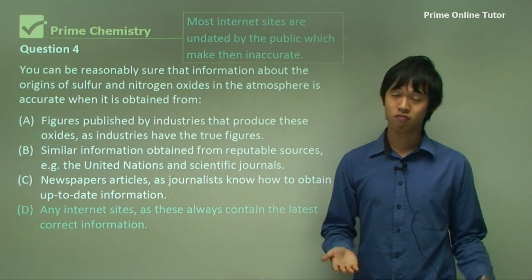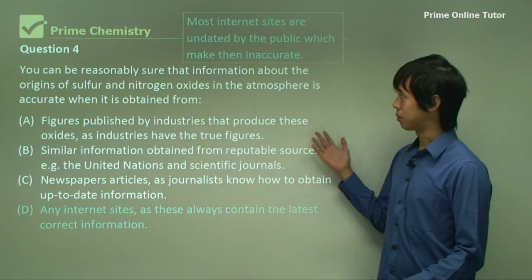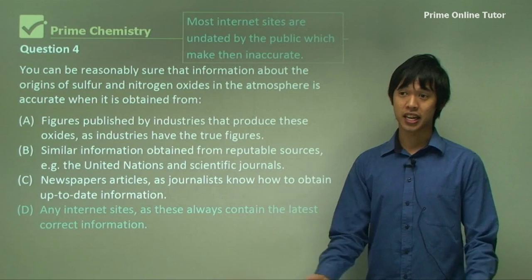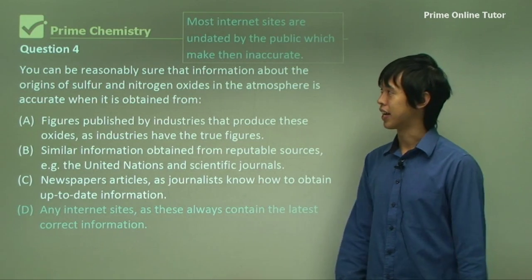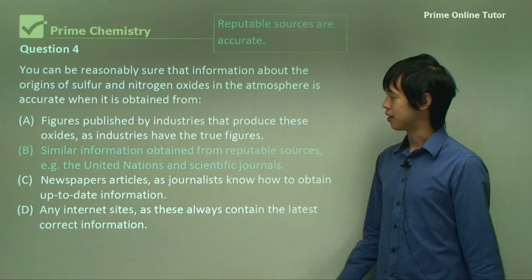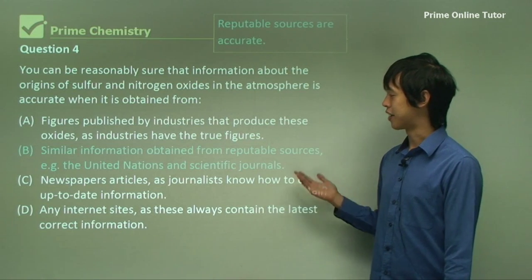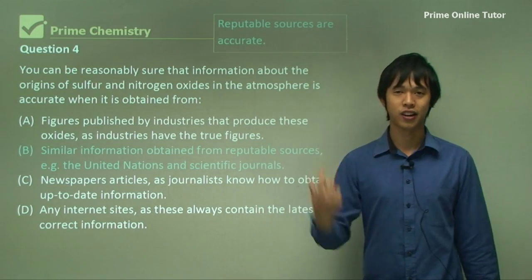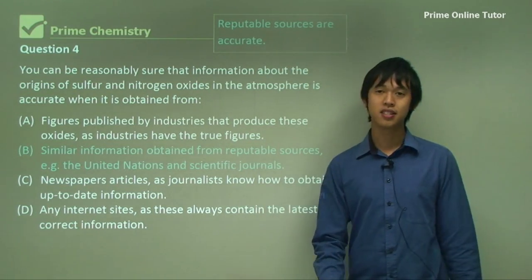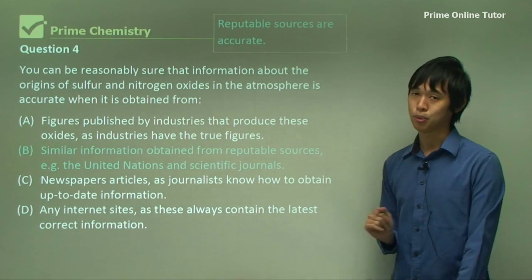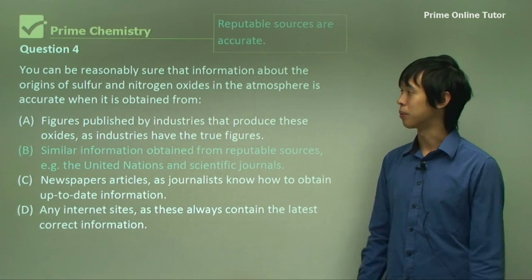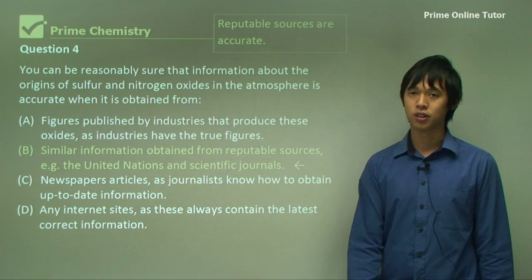So again, people with no scientific background can say that they know a lot, and that's wrong. So reputable sources are accurate. So scientific journals are great. The UN scientists are working really hard to produce these things, so that's probably a good way to ensure that your results are right.